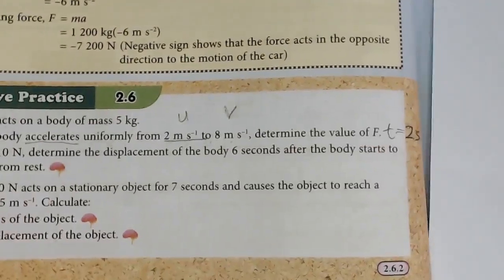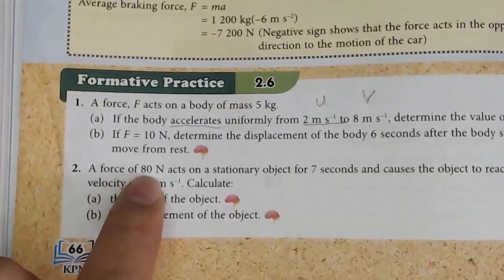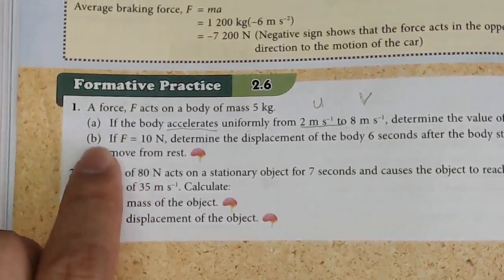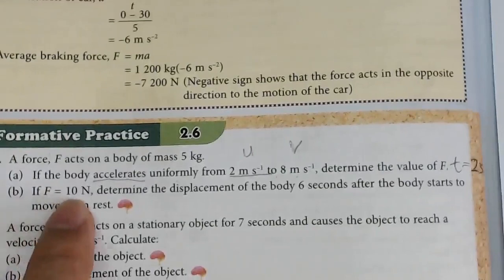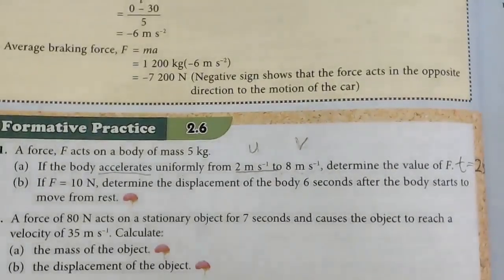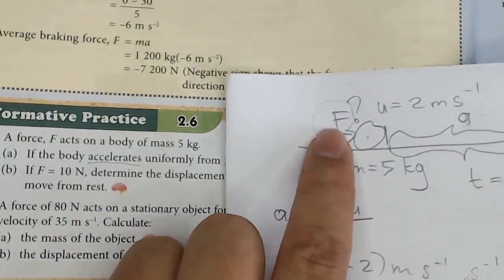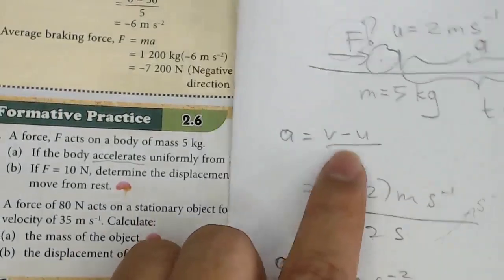Okay, we go to question number 2. A force of 80 Newton, we do B here. If F equals 10 Newton, before we had 15.